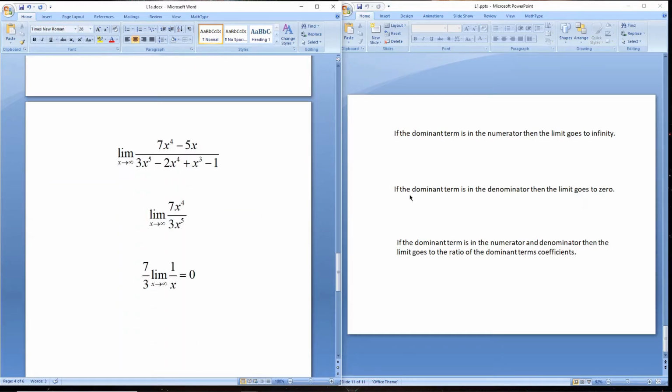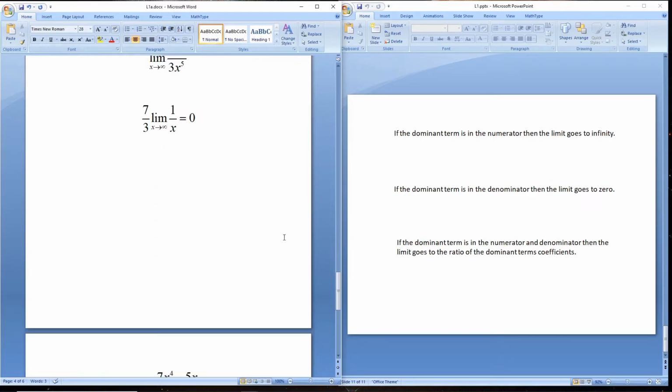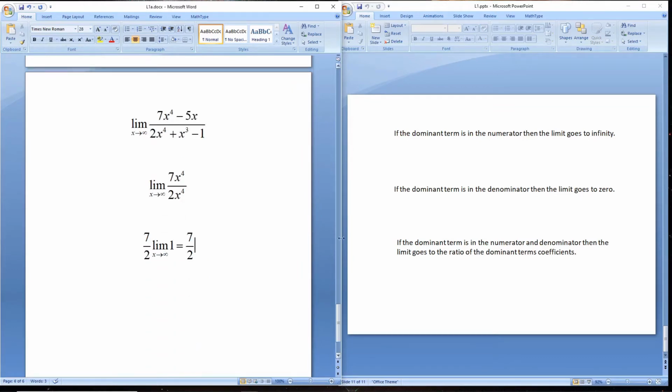In the second case, if the dominant term is in the denominator, then that limit goes to 0. So there it is, x to the fifth in the denominator, and that limit goes to 0. And in the third case, if the dominant term is in the numerator and denominator, then the limit goes to the ratio of the dominant term's coefficients.